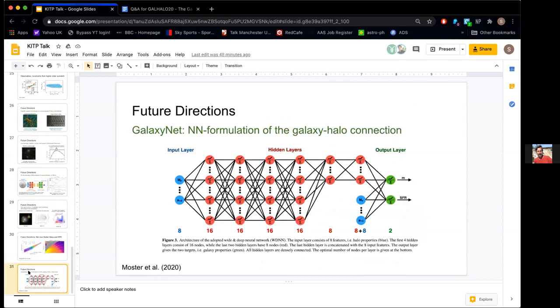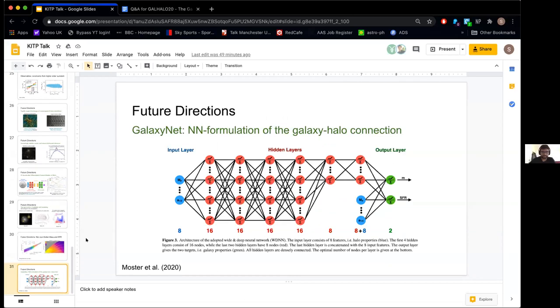Is the notion that you're starting with a hydro simulation and you're training the network to predict the simulation galaxy properties or the semi-analytic galaxy properties given the dark matter, or is your training set observations and you're trying to infer this connection by fitting to the observations, or are you aiming to use it both ways?